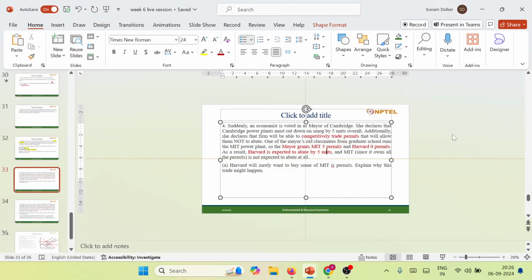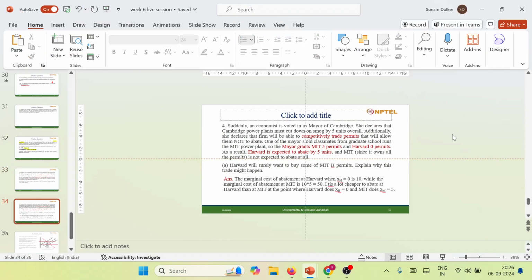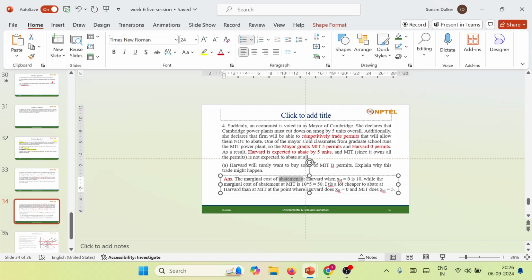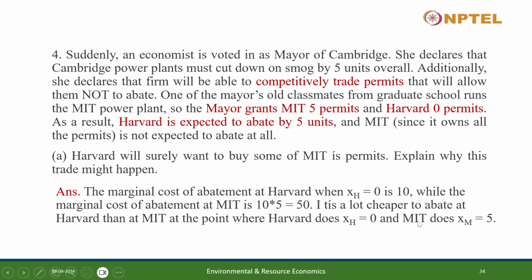So the answer is about the marginal cost of abatement for Harvard when there is no abatement at all.